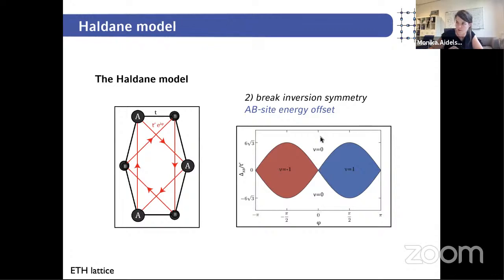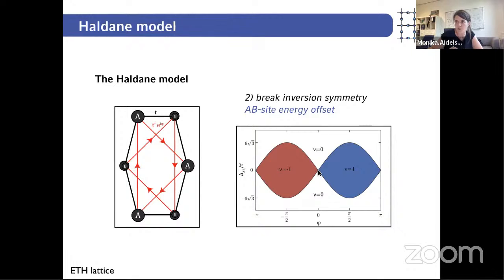So if we look along this vertical line through the phase diagram, at the center, we have the usual dispersion relation of the hexagonal lattice. There's a band touching point at the K and K prime points, the Dirac points. And then if we add a sublattice energy offset, we open a gap, but the Chern number of the two bands remains trivial. So we have Chern number equal to 0 for the lowest and the first excited band.